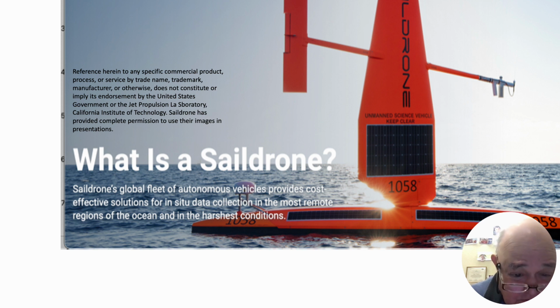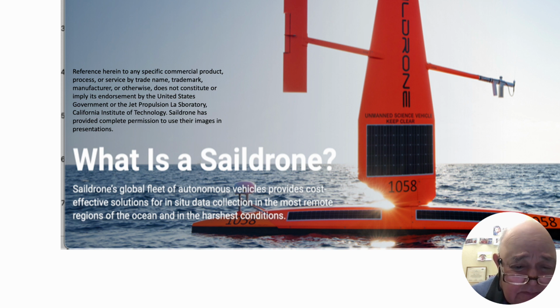Saildrone has multiple instruments on board. We're going to focus on the derivation of sea surface temperature and sea surface salinity from the conductivity temperature depth instrument. But Saildrone has, again, other instruments on board. It has an infrared pyrometer. It can measure winds. It can also measure vertical velocities and horizontal velocities.